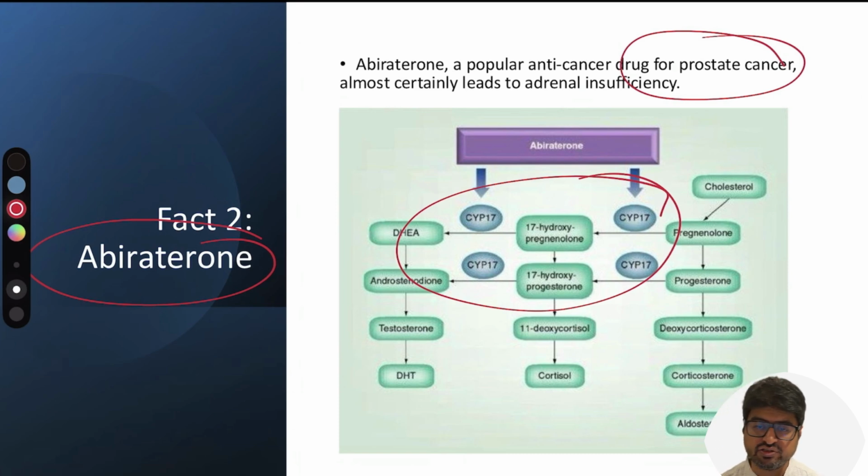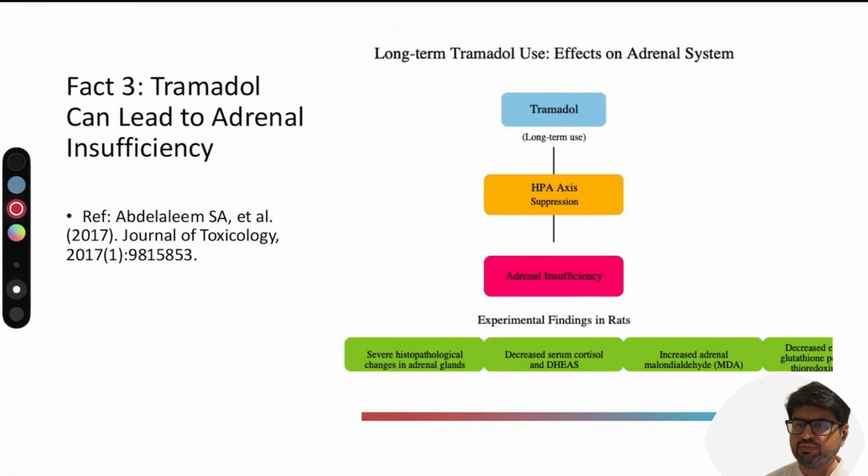I said, what cancer drug? So he had prostate cancer, he was taking some drug for cancer. Immediately, my bell started ringing. So I asked him to bring the drug. It was abiraterone. The patient actually had an adrenal crisis, and we started the patient on glucocorticoids. The patient became better and went home. So I think good history taking is something which is very crucial and often missed out.